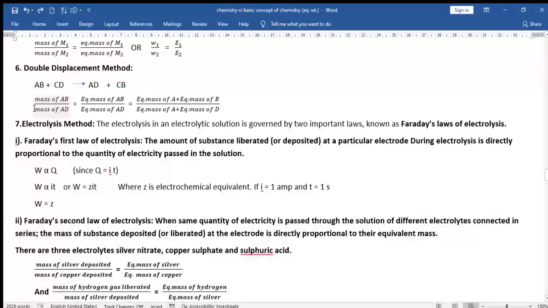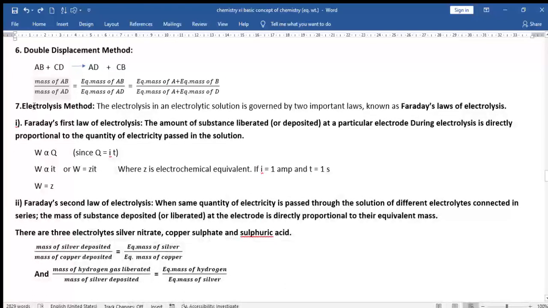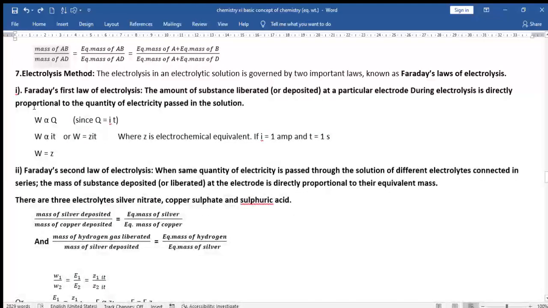The next method to calculate the equivalent mass is the electrolysis method. What is electrolysis?